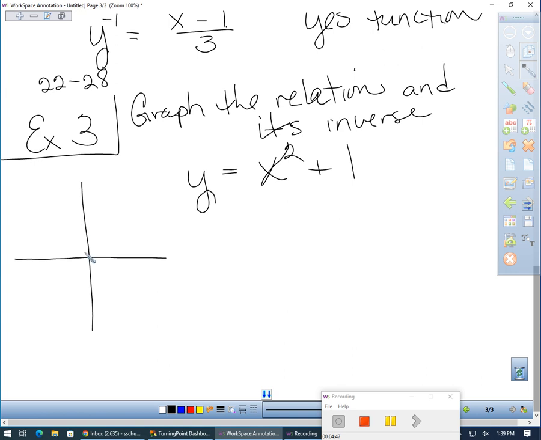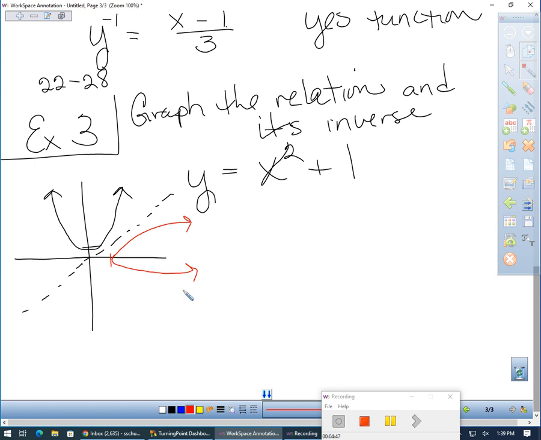Up 1, yep. So here's my parabola. It's moved up 1, it's right here. This is my original. If I were to reflect this over this line, right, this parabola reflects, if I fold on that line, my inverse is going to be the same parabola, but on its side, right?